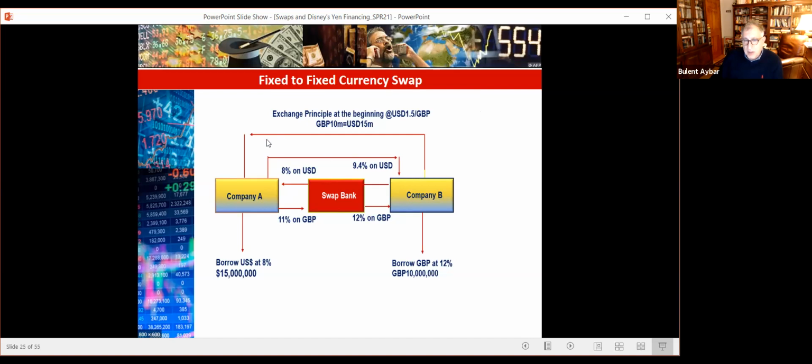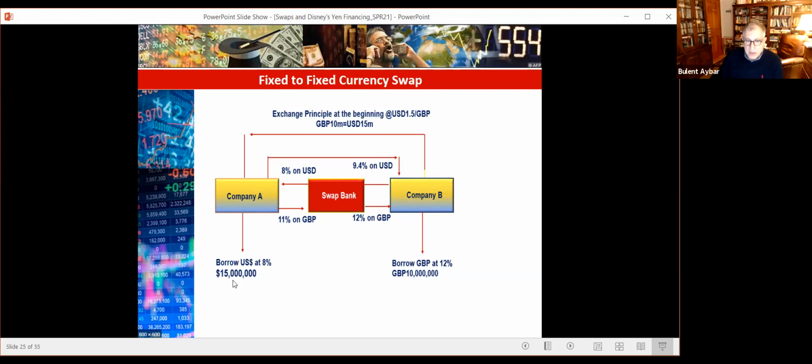So in this chart, we summarize the deal with all aspects. Here we have the original exchangeable principals because of the spot rate of 1.5 US dollars per pound: 10 million pounds and 15 million US dollars are the notional principals underlying the swap deal.